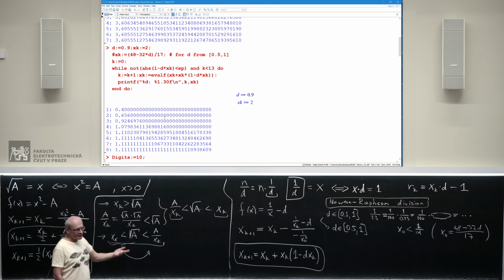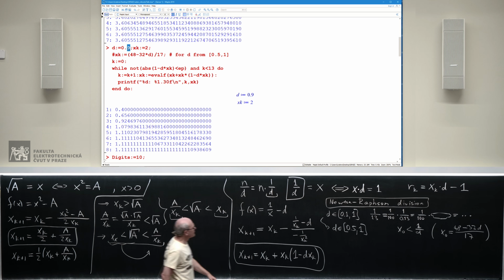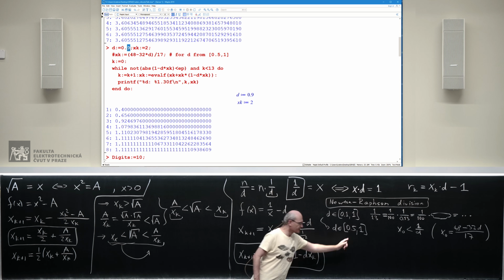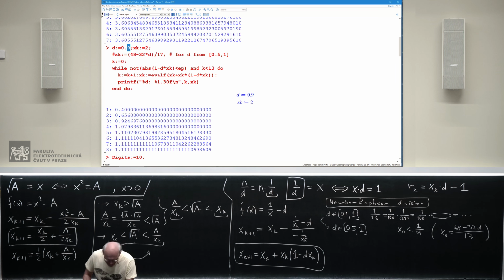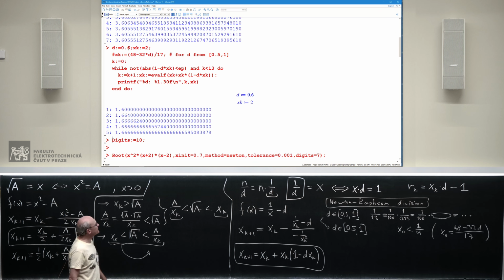Very nice. How about, well, let's say 0.6, which is a number which is close to the other end of my range. So we will see both of these, how they perform. How much is 1 divided by 0.6? It's 1.666, something like that. Well, we will see. Wow, just 5 iterations. That was really nice.